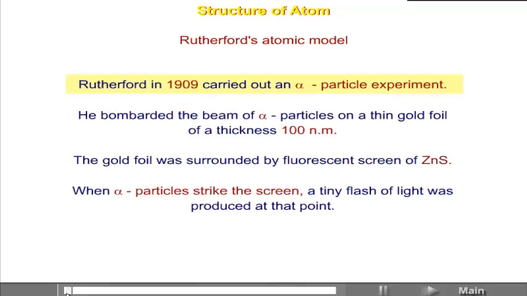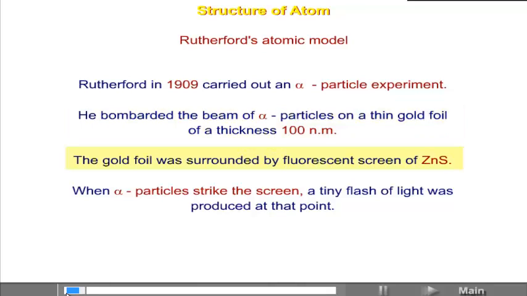Rutherford's atomic model. Rutherford in 1909 carried out an alpha particle experiment. He bombarded a beam of alpha particles on a thin gold foil of thickness 100 nanometer.